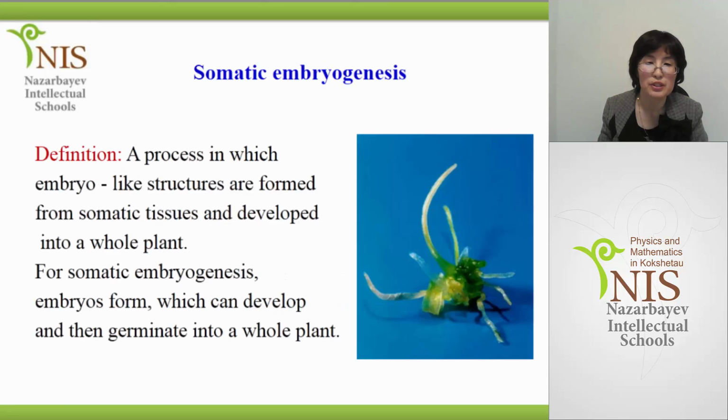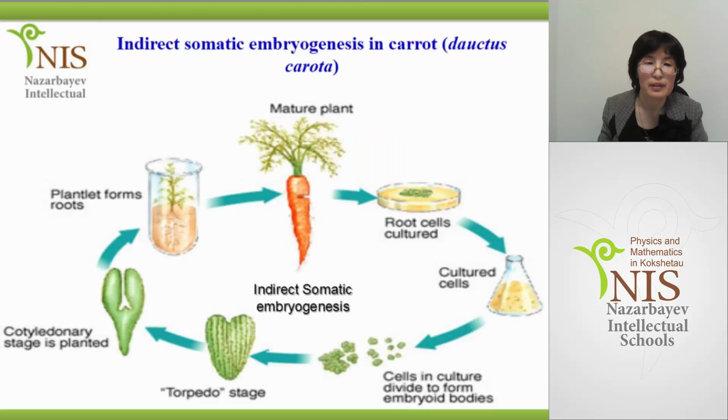Somatic embryogenesis is a process in which embryo-like structures are formed from somatic tissues and developed into a whole plant. In somatic embryogenesis, embryos form which can develop and then germinate into a whole plant. This picture illustrates indirect somatic embryogenesis in carrot.